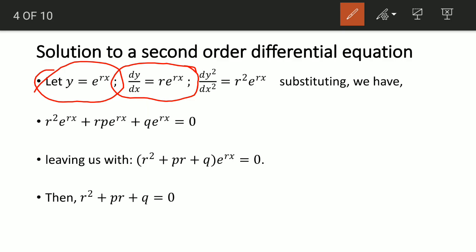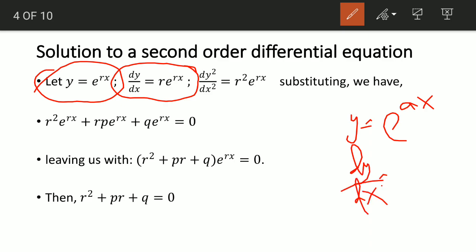Don't forget that if y is equal to exponential ax, then dy/dx is going to be equal to a exponential ax. Then the second derivative is going to be r squared exponential rx. That's because the r here as the power multiplies r, to get this.